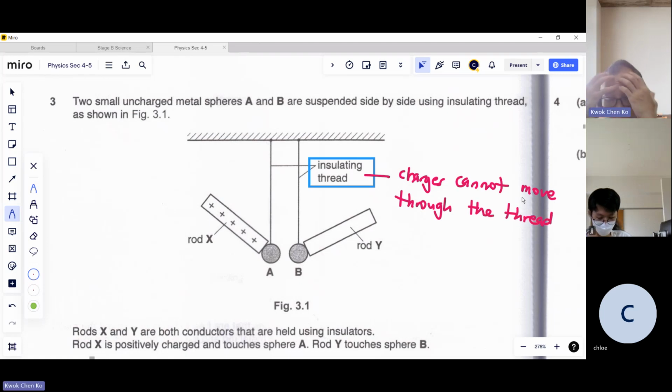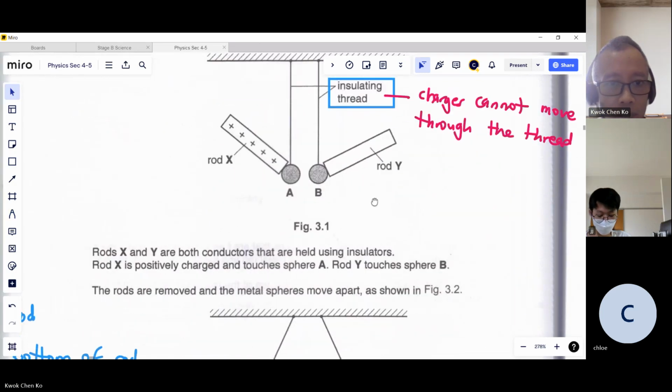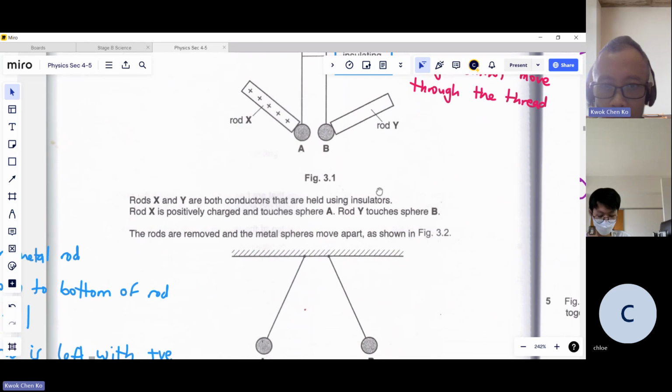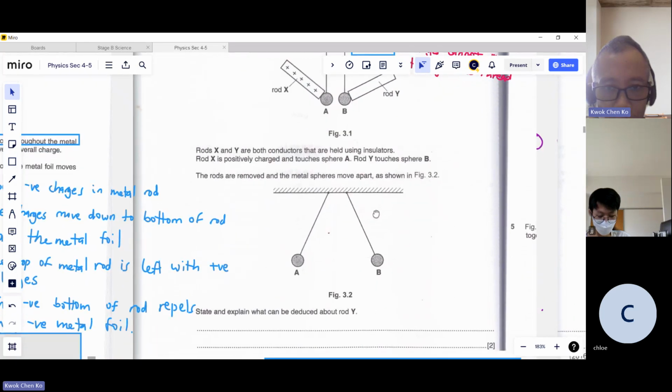That is the implication of the word insulating thread. So anyway, back to here. I hope you guys have no problem with this.